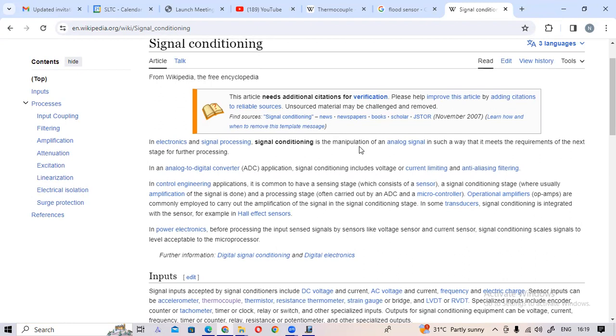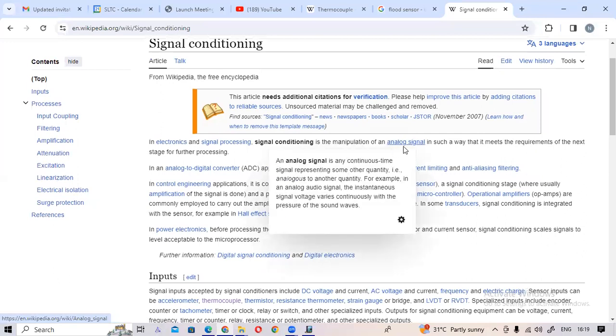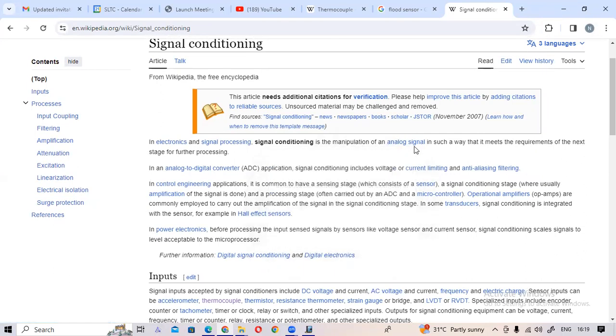Signal conditioning is the manipulation of an analog signal. I don't know whether this is correct or not. Why analog signal? Manipulating means any signal. But actually, we are conditioning digital signals also. Sometimes we are conditioning using a matched filter like this. So we are conditioning to meet the requirement of the next stage for further processing.